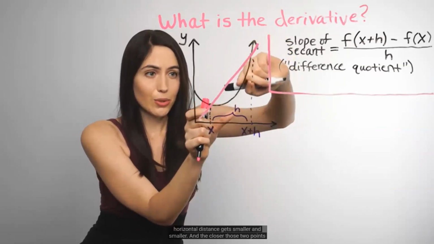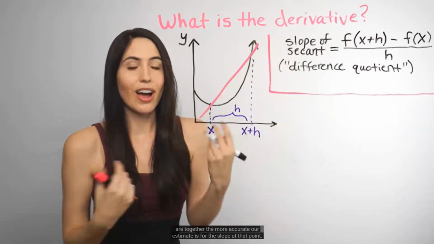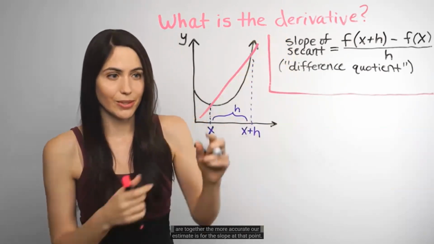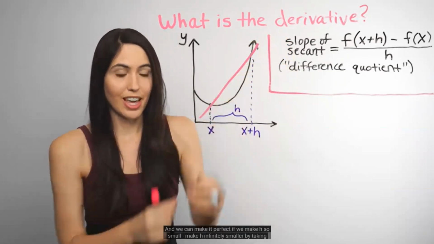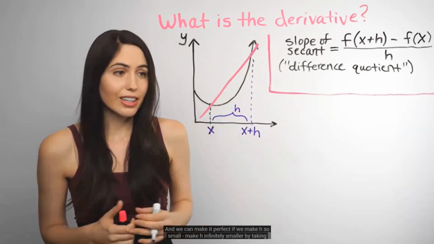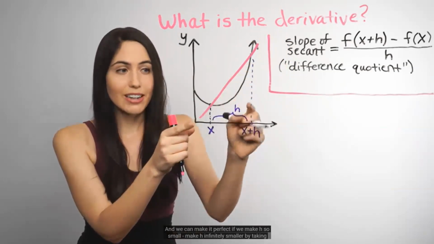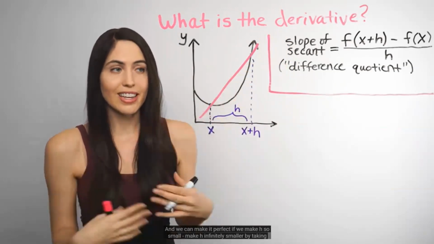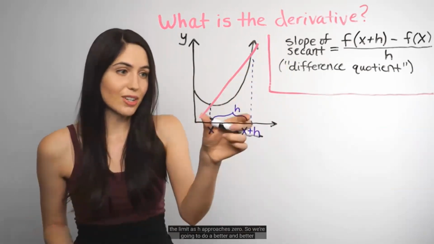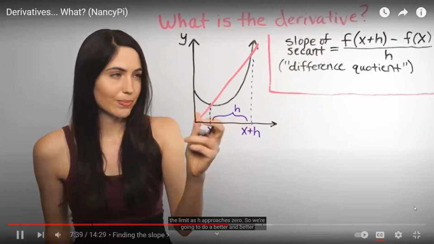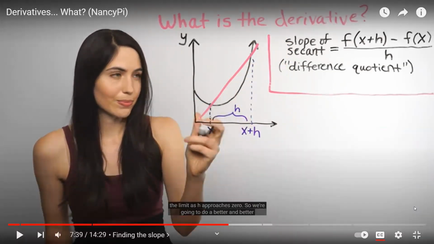And the closer those 2 points are together, the more accurate our estimate is for the slope at that point. And we can make it perfect if we make h infinitely small by taking the limit as h approaches 0. That's the definition of the derivative.